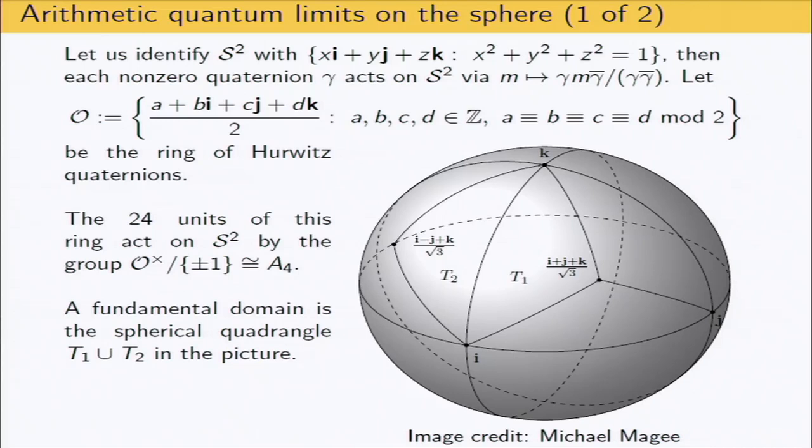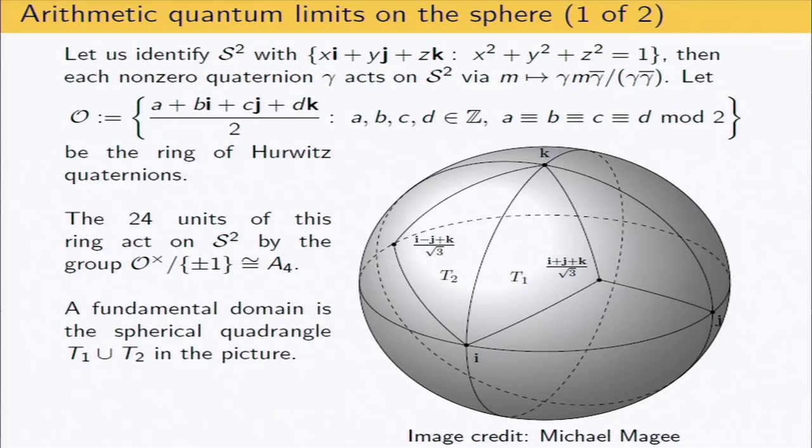And in particular, let's take a maximal order, namely the Hurwitz quaternions. This is slightly larger, twice larger than the integral quaternions, because we also allow half integral entries. And in particular, these quaternions, the non-zero ones, act on the sphere. They act by rotations.